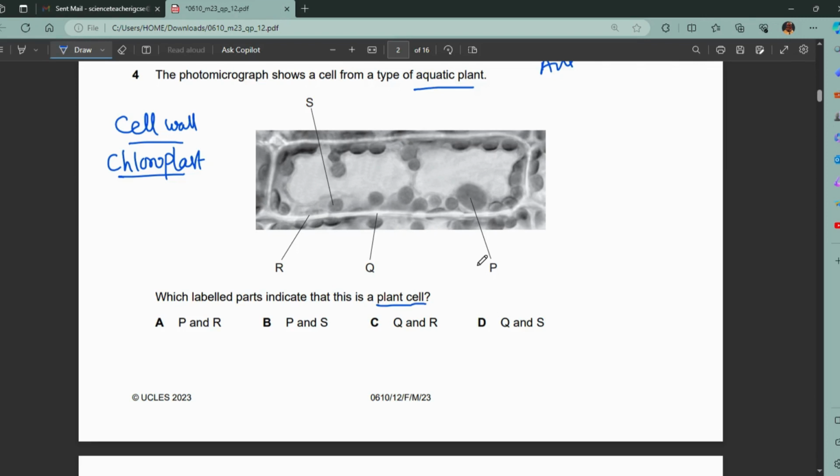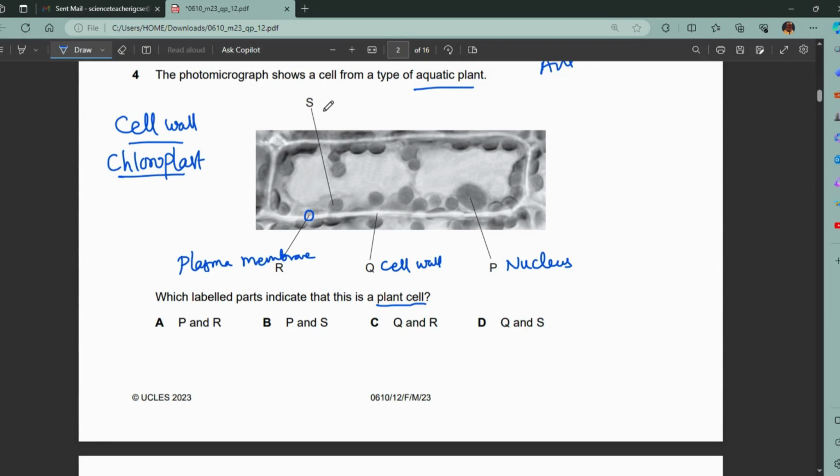Now, just quickly see this. What is P? P is a nucleus. Nucleus is present both in plant and animal cells. Q is a cell wall, because it's an outer structure. There you can see R, the inner membrane, the plasma membrane. Plasma membrane and nucleus are present in both plant cells as well as animal cells.